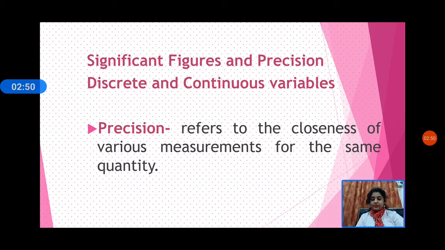These are called discrete variables. Continuous variables, just try to understand it with this example. Suppose you wish to weigh a small mango. If it is weighed by the balance of a fruit vendor, it can be weighed only with an accuracy of 50 grams. Suppose the weight of the mango is between 50 grams and 100 grams.